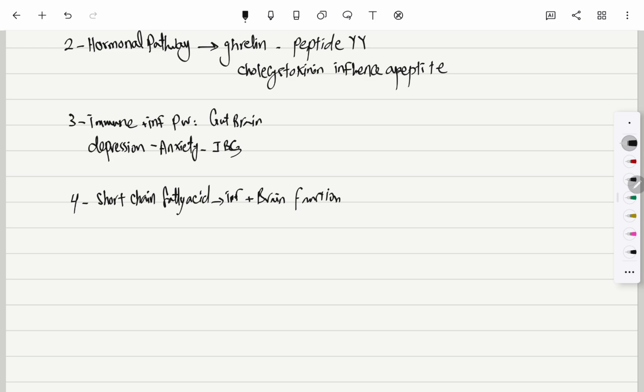Tryptophan metabolism affects serotonin level.